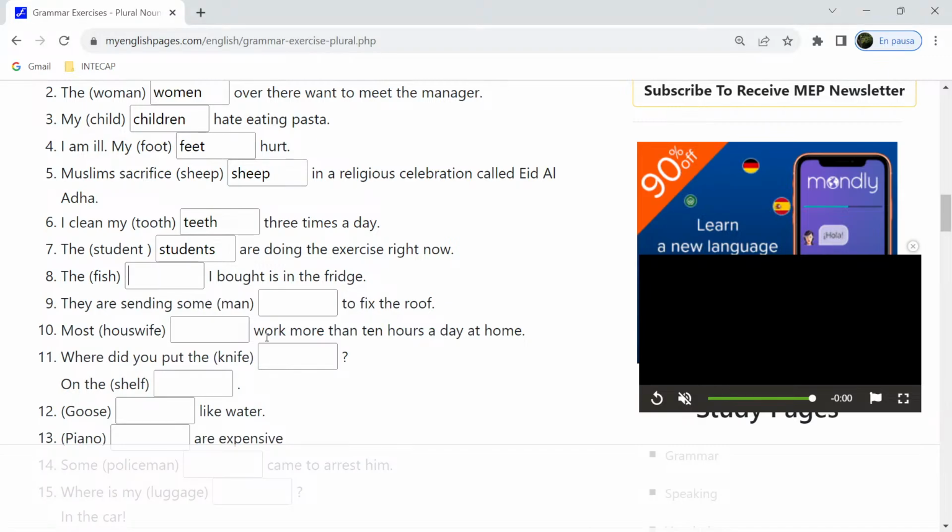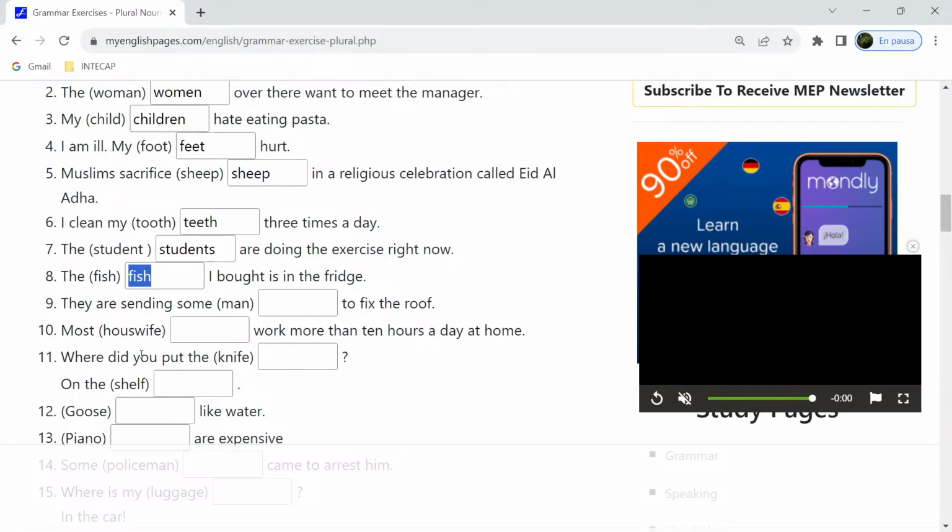The fish I bought is in the fridge. There you go. Nice. So the fish I bought is in the fridge, right? Remember, fish is one of the irregular plurals, so it stays the same, just as sheep, right? Sheep, sheep, fish, fish.